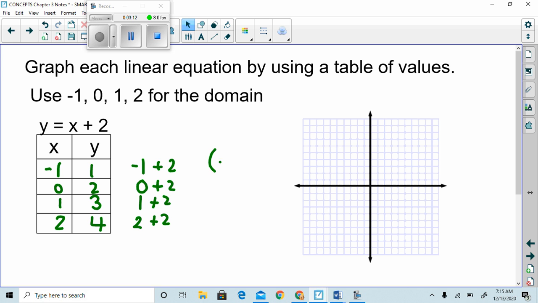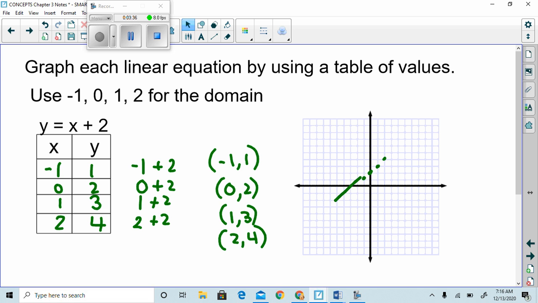You have now created your ordered pairs, and then you'll go to your coordinate plane and graph. Once we graph it, we'll be able to tell whether the slope is positive or negative. So let's start. Starting at the origin, -1, 1, 0, 2, 1, 3, and 2, 4.